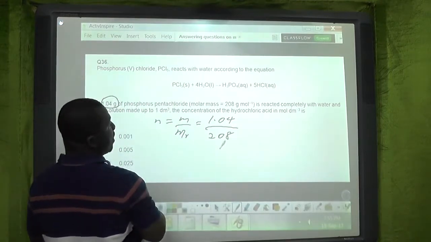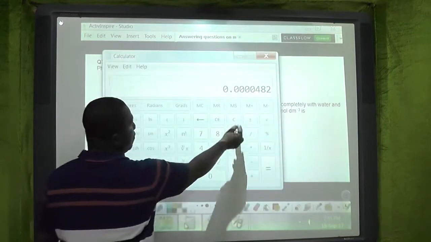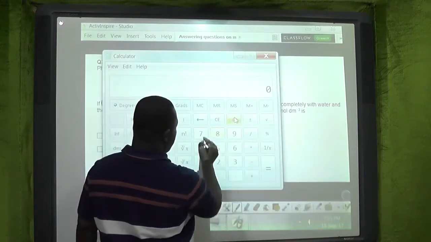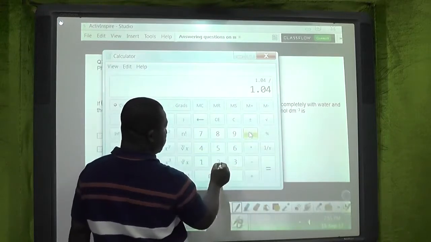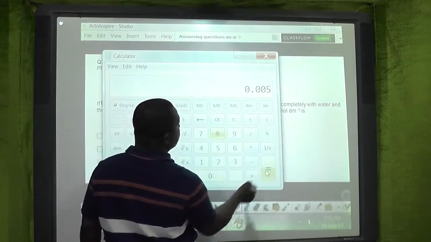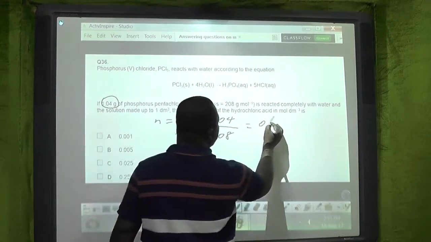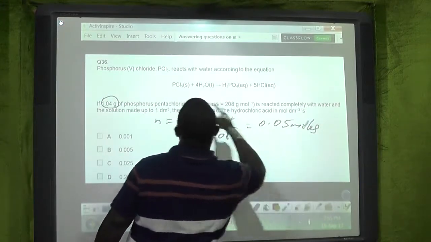This is the amount of mole we have. 1.04 divided by 208 equals 0.05 mole. 0.05 moles of this is present.